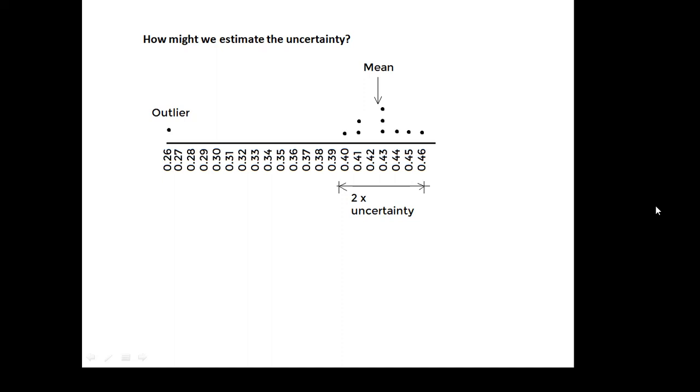I reckon somebody wrote down the reading wrong. Looking at the other results, we get something which looks like a normal distribution, that hump shape. And then if we put the mean on this dot plot, the range would be twice the uncertainty.